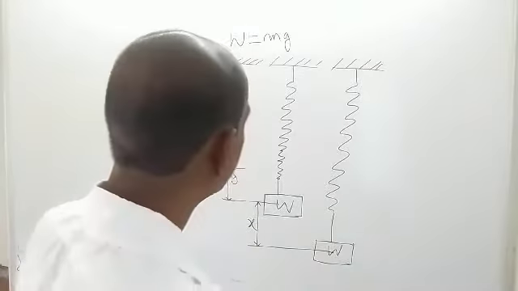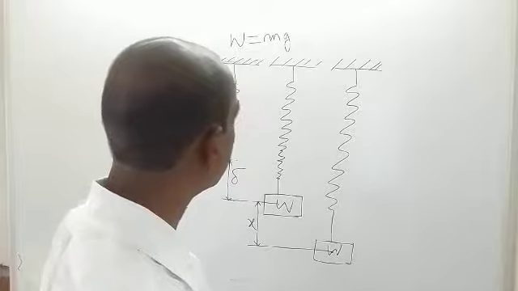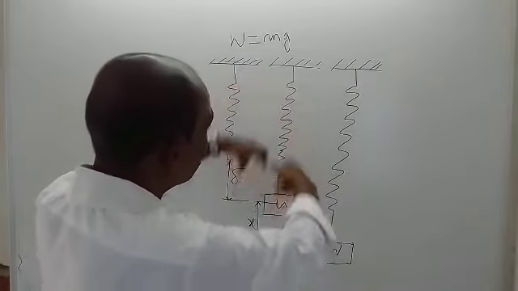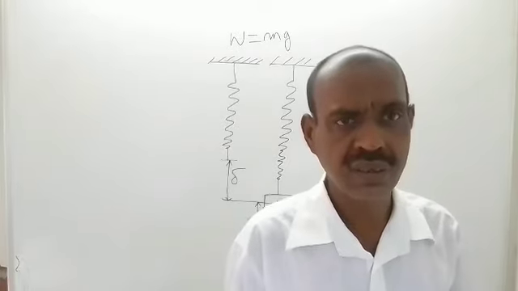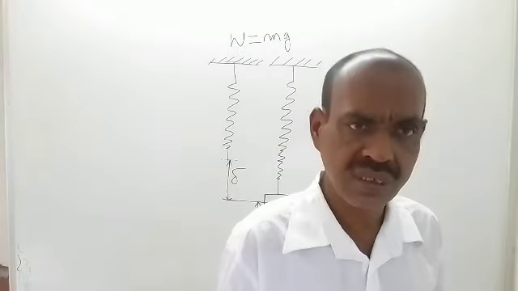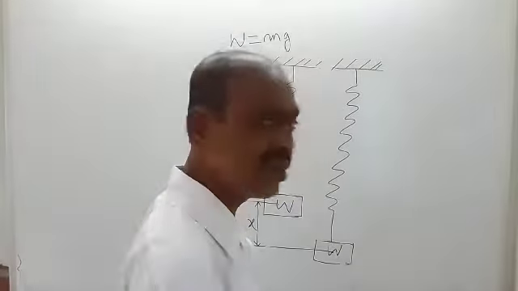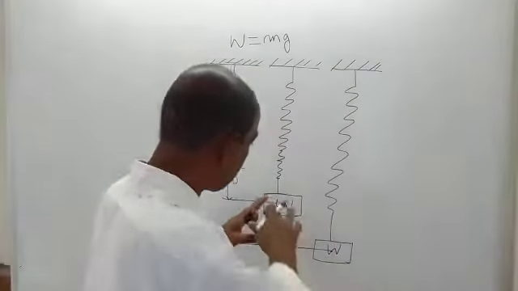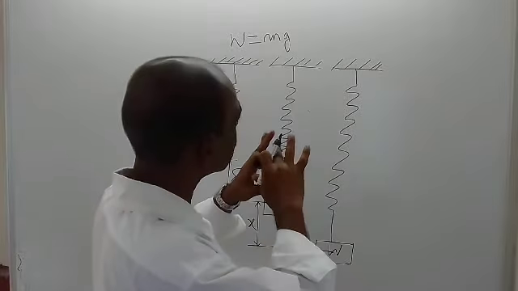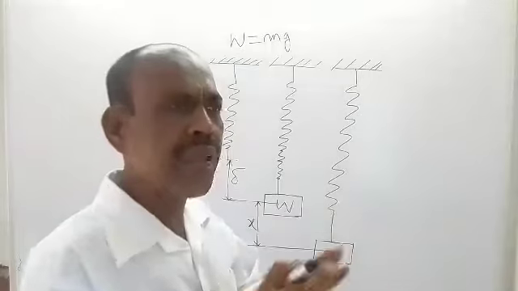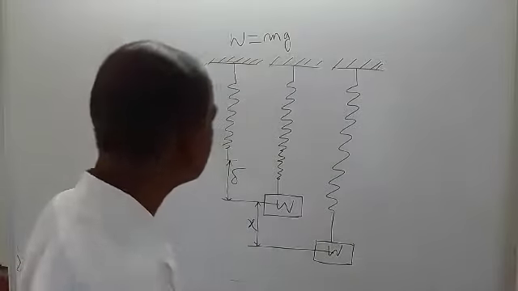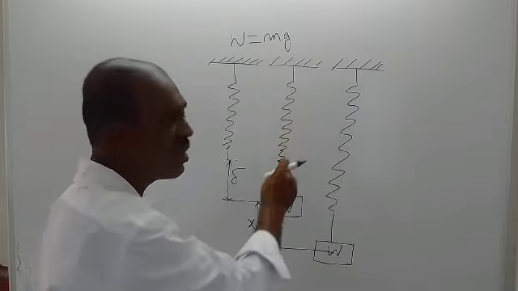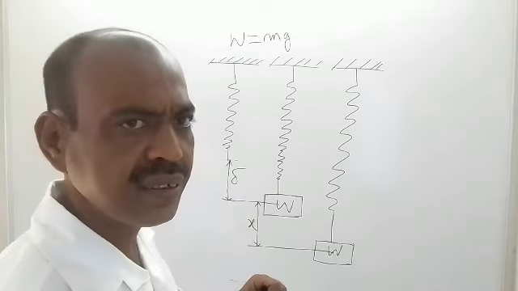One more thing that I have missed to tell you is that this spring is considered to be massless. Why? It should have some mass; it is made of metal. Just for the sake of mathematical simplicity, the mass of this spring is neglected.